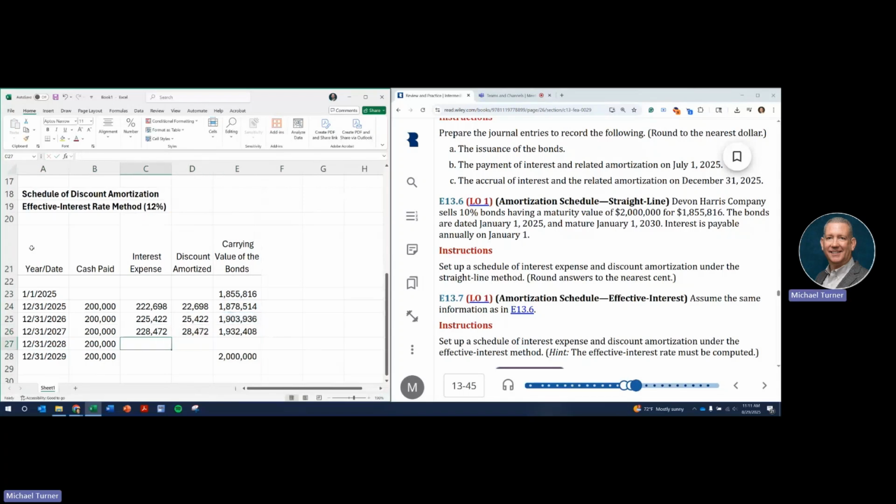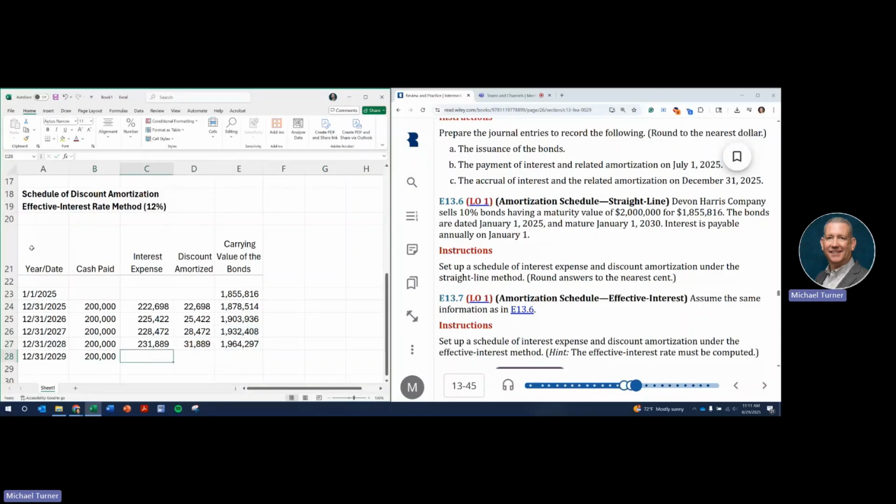And again, for 2028, interest is 12% of the carrying value. The difference between the interest expense and the cash paid is our amortization for the period. Get us a little bit closer.